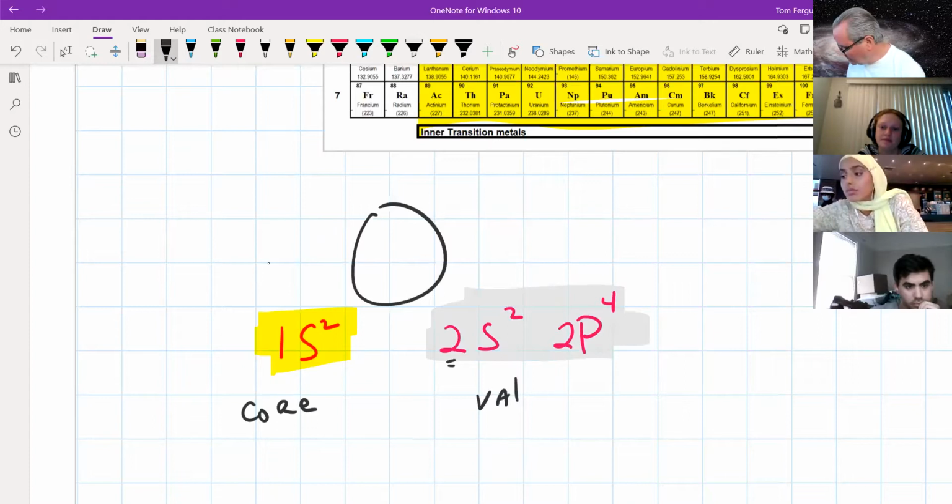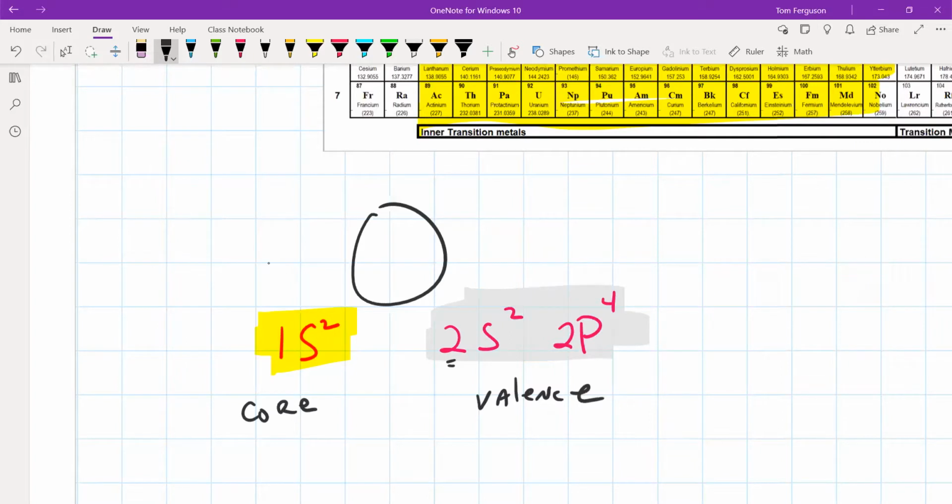And that would be valence. And remember, core electrons are super, super, super stable. So they don't participate in any chemistry at all because of the stability nature of them. But the valence electrons are not particularly stable. So they're going to highly influence the chemistry of oxygen.